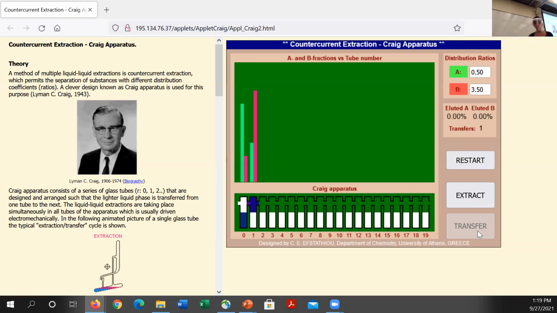So I use another tube. The more tubes I have, the better separation I get. Remember that, because this has to do with the length of your column. When we talk about column chromatography, the longer the column, the more separation you're gonna get, because you have multiple equilibrium.